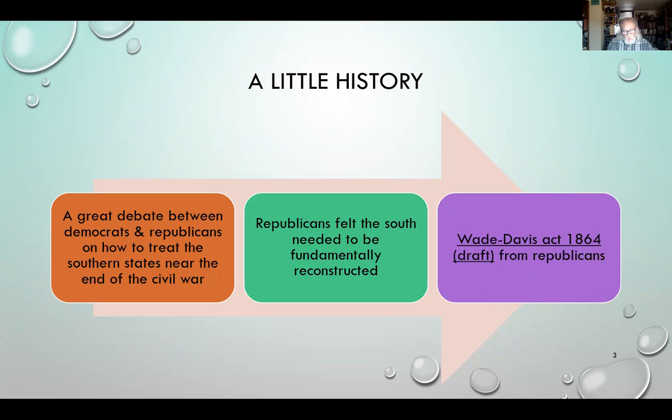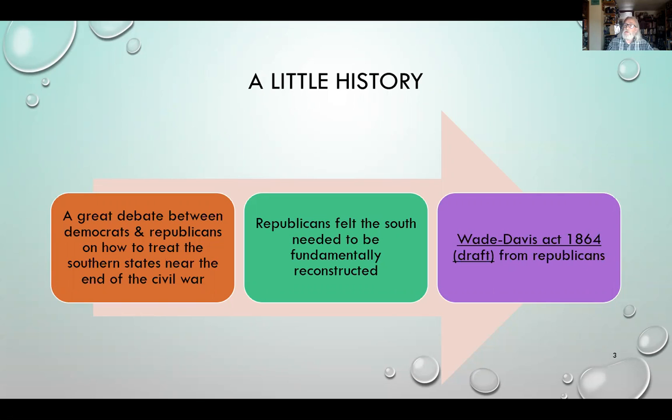Really, near the end of the Civil War, certainly Democrats and Republicans were arguing about a lot of things. But in particular, as the war was drawing to a close, and it was clear that the Union was going to win the war at one point there, and it wasn't always clear that that was going to happen, the debate began to center around the issue of how the southern states that seceded from the U.S. were going to be treated in the future to come.